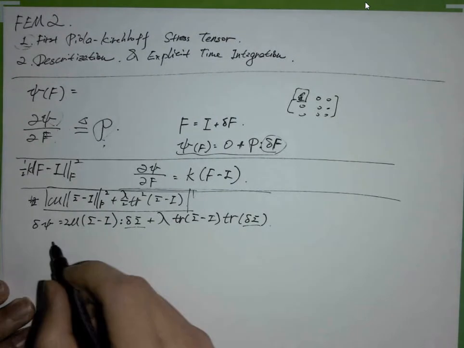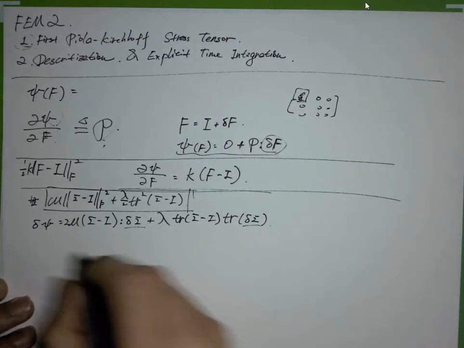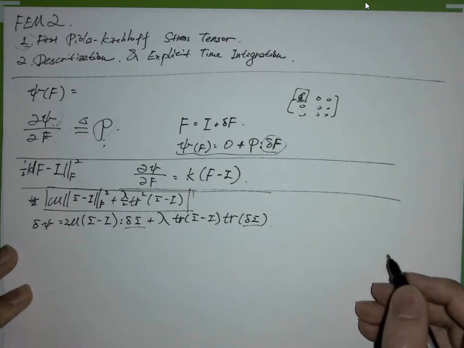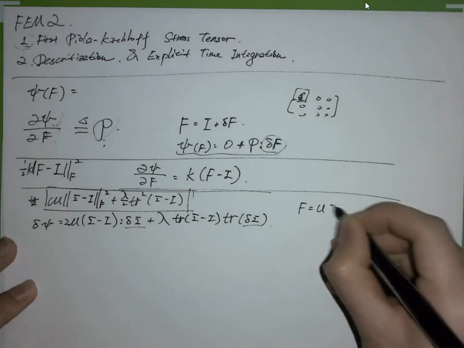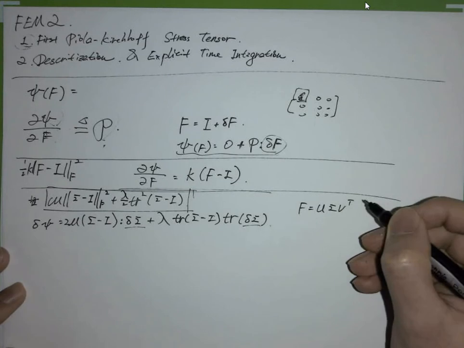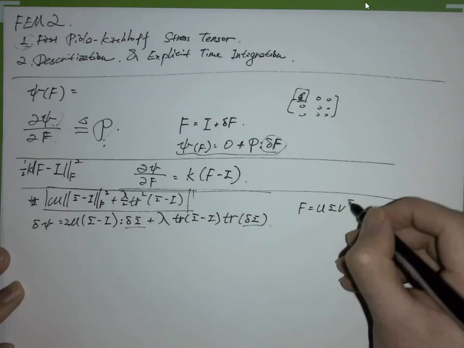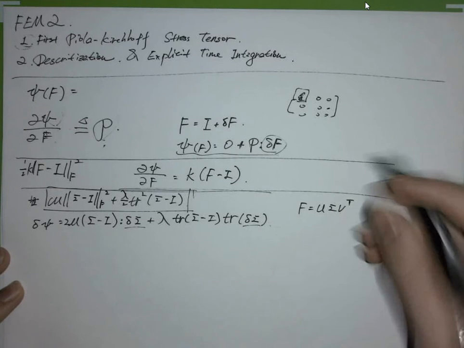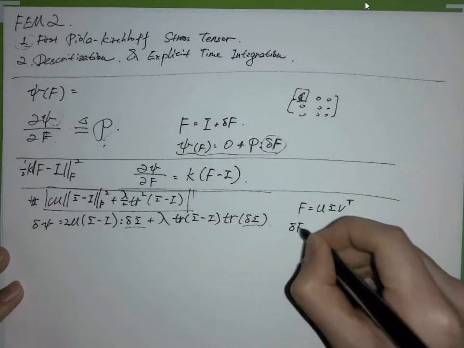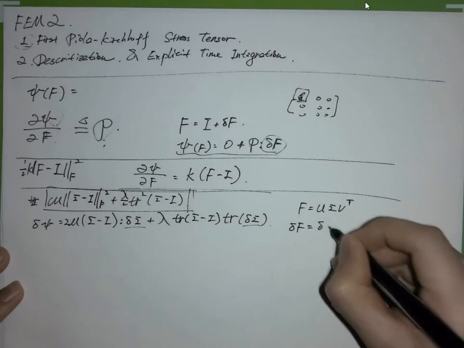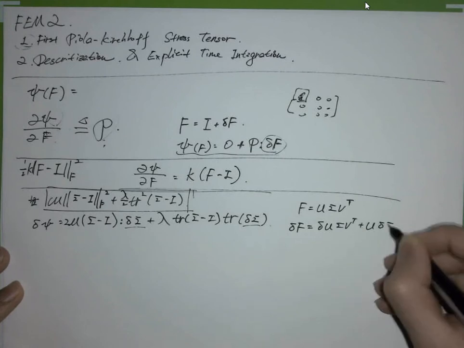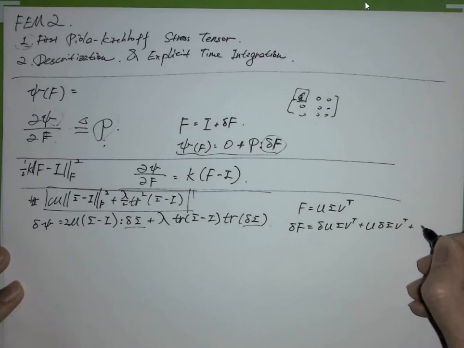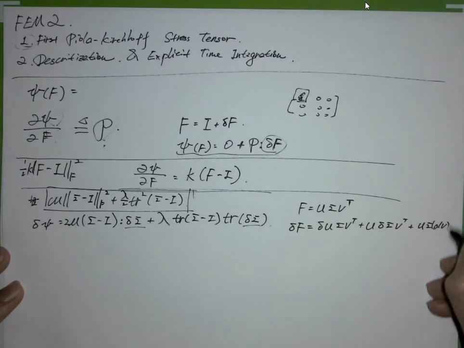So we are thinking, okay, what is sigma? Sigma comes from the singular value decomposition: F equals U sigma V transpose. Right? And if we perturb the deformation gradient F a little bit, dF should equal dU sigma V transpose plus U d sigma V transpose plus U sigma dV transpose.